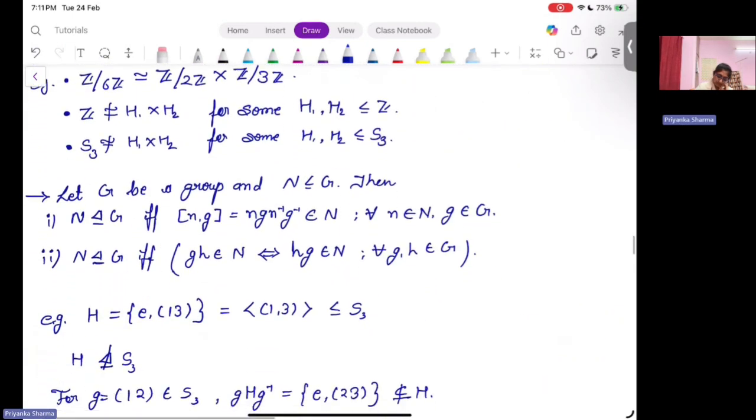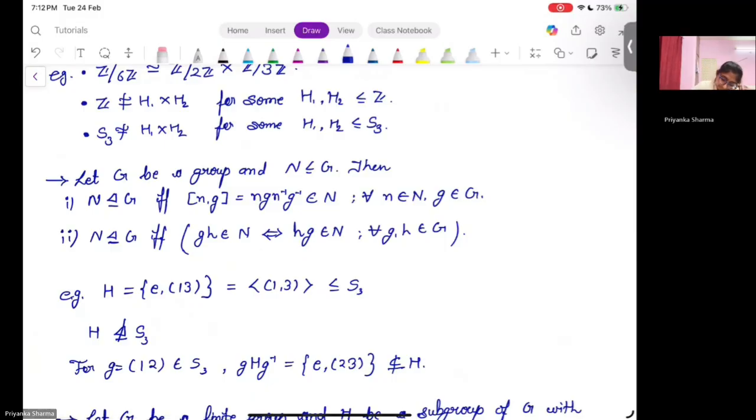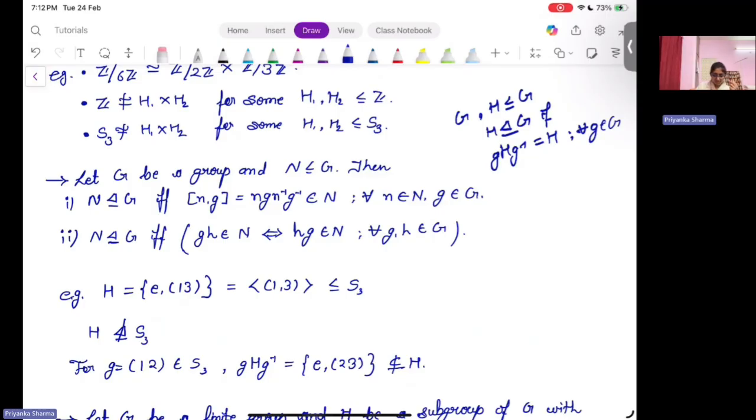So what is a normal subgroup actually? Say G is a group and H is a subgroup of G. Then we say that H is normal, which is denoted by this, if gHg inverse is the same as H for all g belonging to G. So this is the definition, or I can say this is one of the definitions of normal subgroups of a given group.